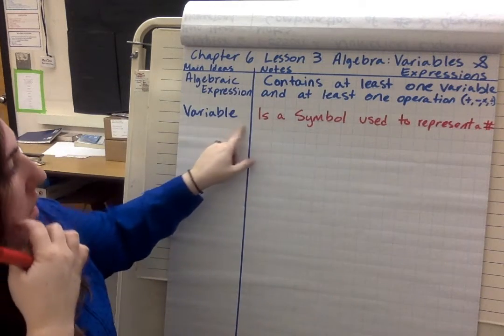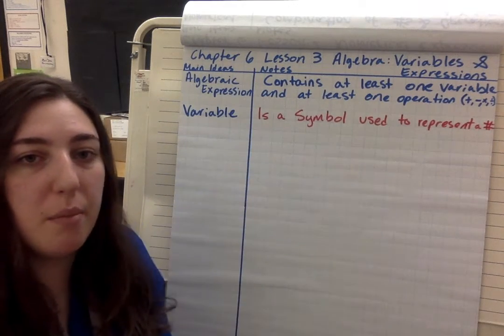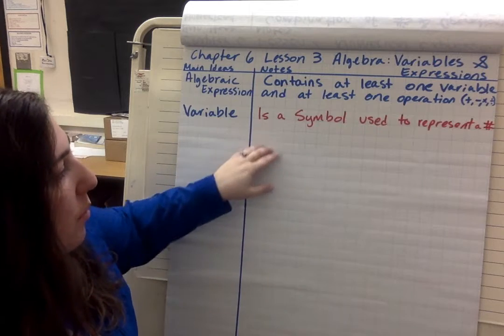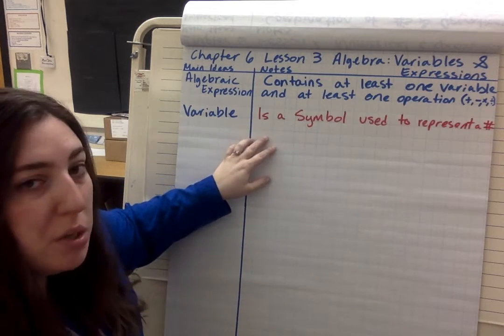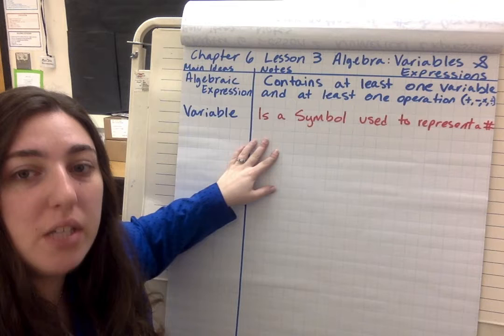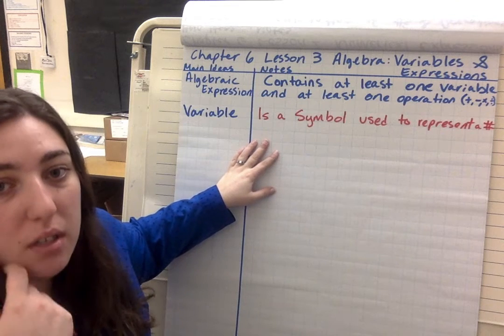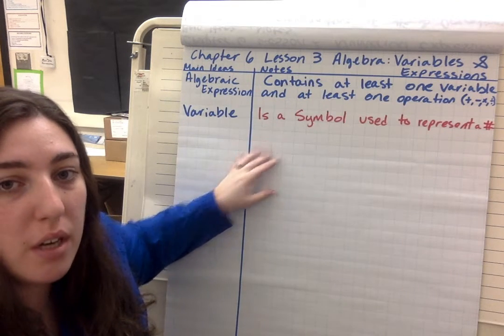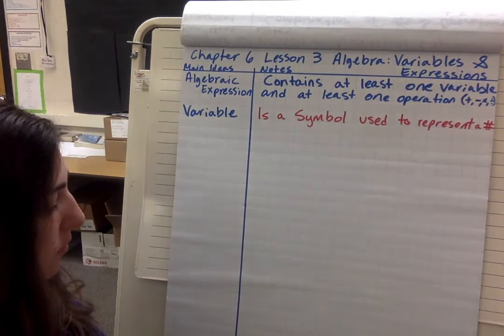Okay, so a variable is a symbol used to represent a number. I'm going to show a couple examples of when you have seen this in elementary school, because you have seen it. It's just going to look different than what we're going to do today.